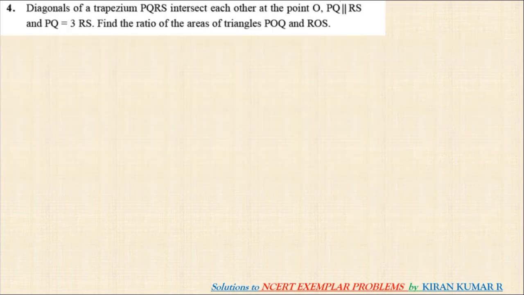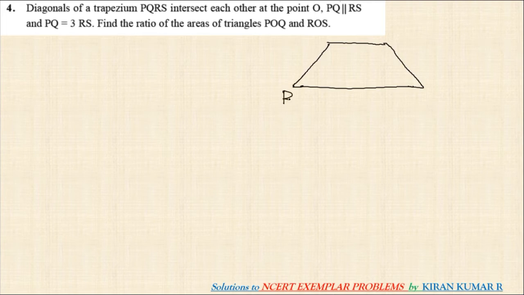Question number 4. Diagonals of the trapezium PQRS intersect each other at point O. So it's a trapezium in which PQ is parallel to RS. So I'll consider PQ parallel to RS.